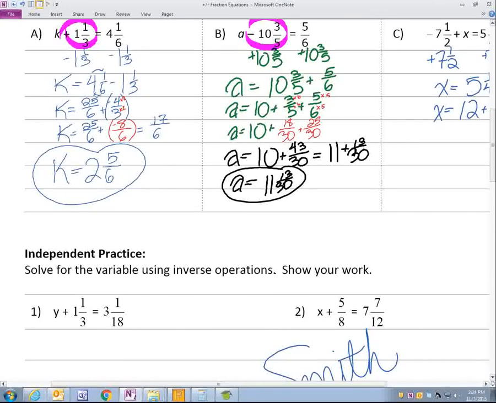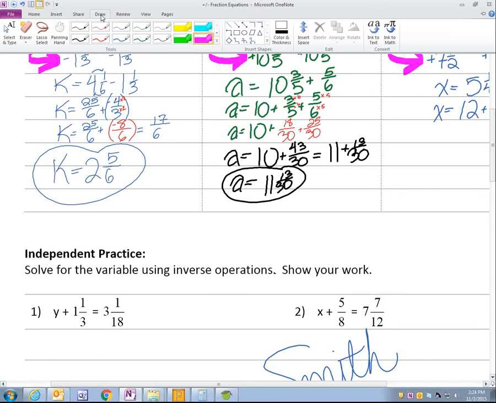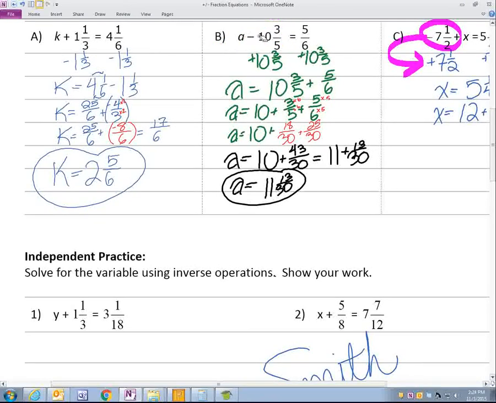This one here is negative 10 3/5. Is that what you're recognizing right now? Yeah, that's actually what's happening. So you just do the opposite. This one here for A, we had plus 1/3. We take away 1/3. This one here we had negative 10 3/5. We're adding 10 3/5. This one here we had a negative 7.5. We're adding 7.5. So if that helps you look at it, yes, you are 100% correct, sir. That's exactly what we're doing.